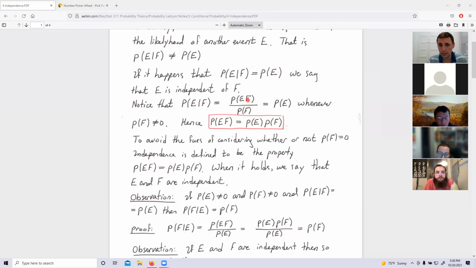If I look at this middle term and compare it to the right term, I see that the probability of E and F is the same as the probability of E times the probability of F. That's why for the intersection, we write it almost as if there is a multiplication sign. It's very nice to write it this way.